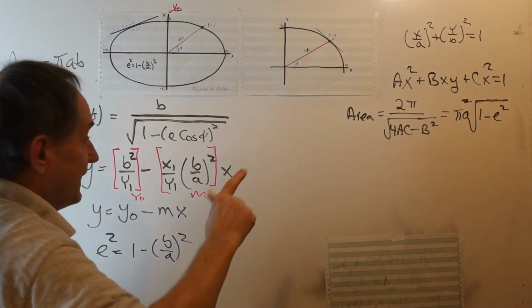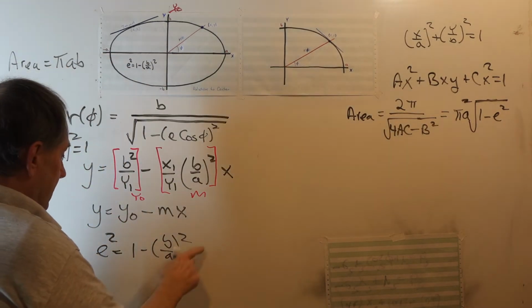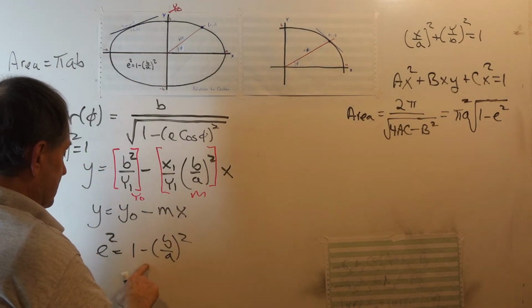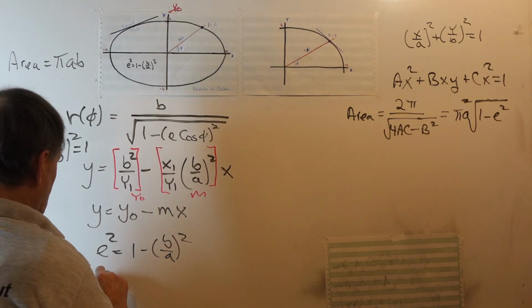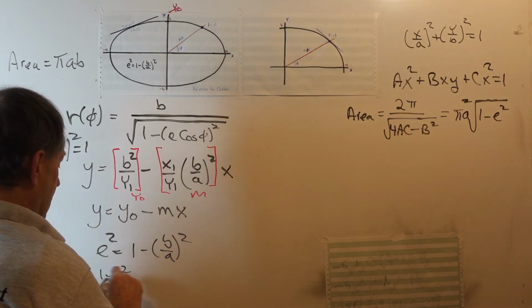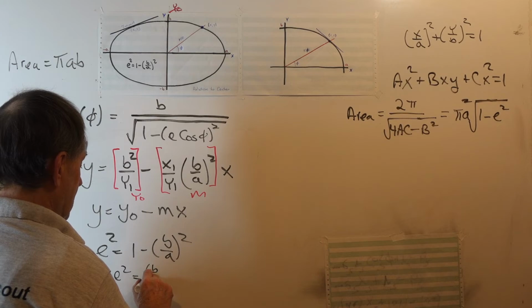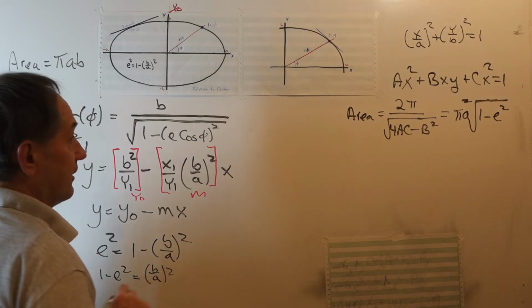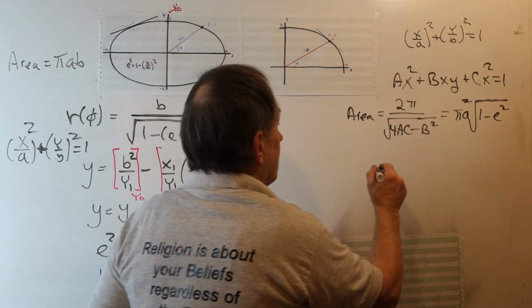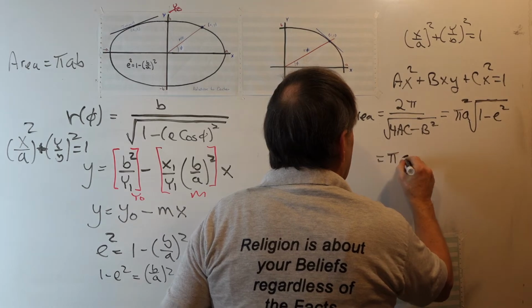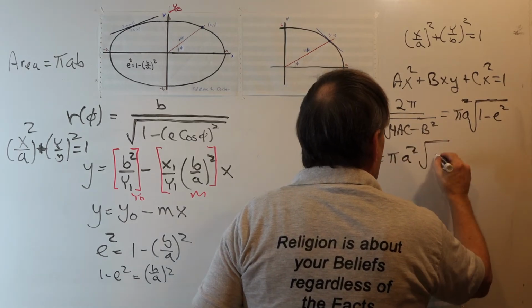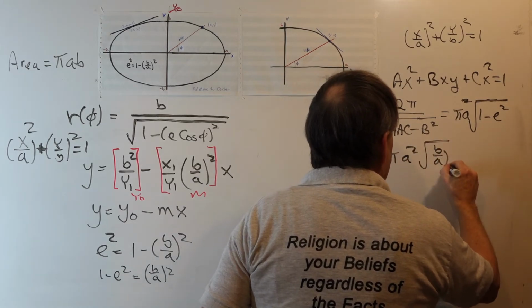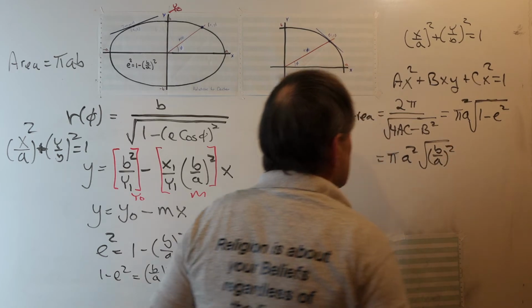Now, if we look at our equation for eccentricity, 1 minus e squared would be b over a squared. And if we put that in here, we get pi a squared times the square root of b over a squared.